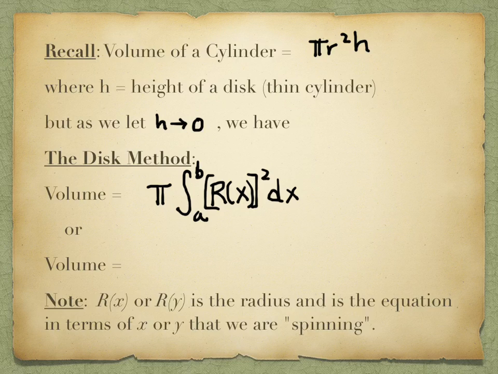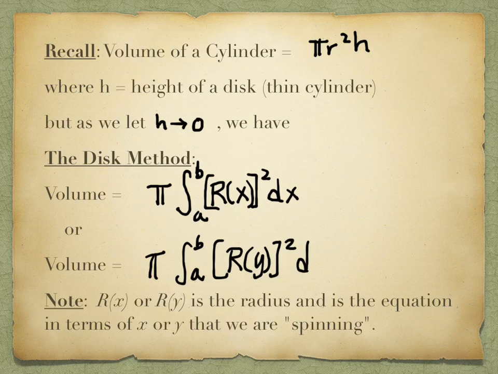So if we're rotating around the x-axis or a horizontal line, this is r of x squared. And if we have a vertical line or the y-axis, going from a to b, we're going to be using our radius with respect to y. And it looks like that.